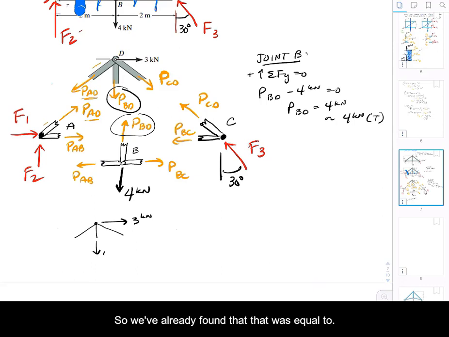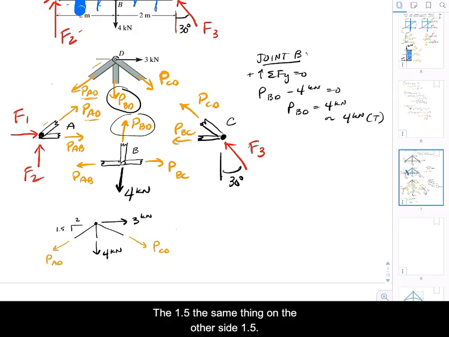So we've already found that that was equal to 4 kilonewtons, and we've got PCD and PAD. And we can keep in mind our geometry, which would be 2 to 1.5, and same thing on the other side, 1.5 to 2.